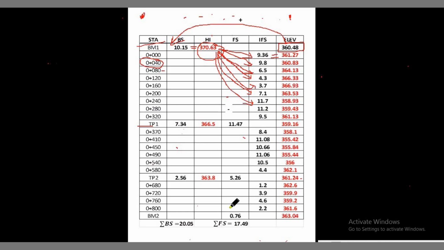So nakikita niyo dito yung solution. The elevation dagit points, dagit intermediate points, that is equal to HI minus IFS. Again, itong elevation na to, this is the elevation of the intermediate points.